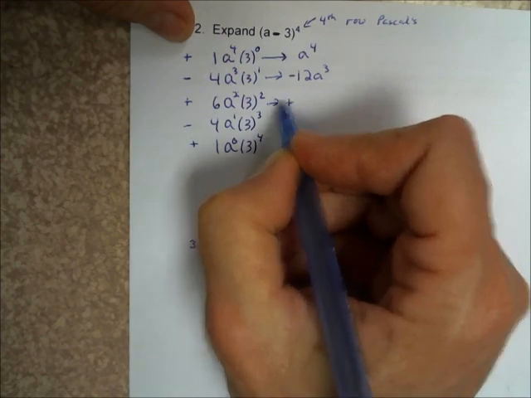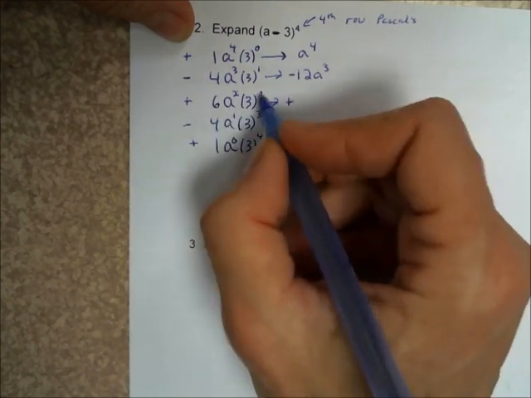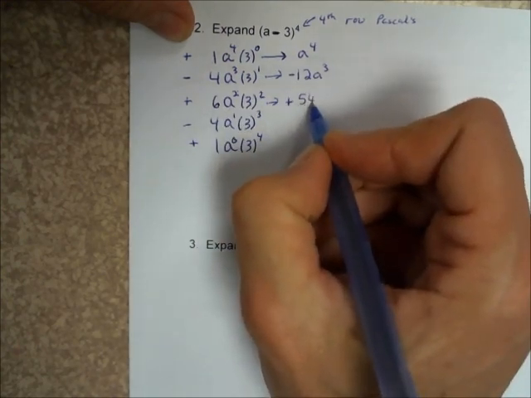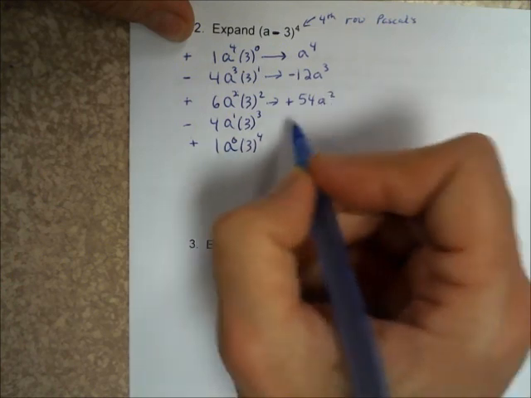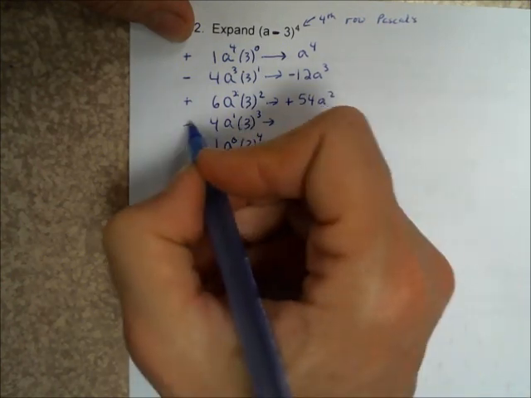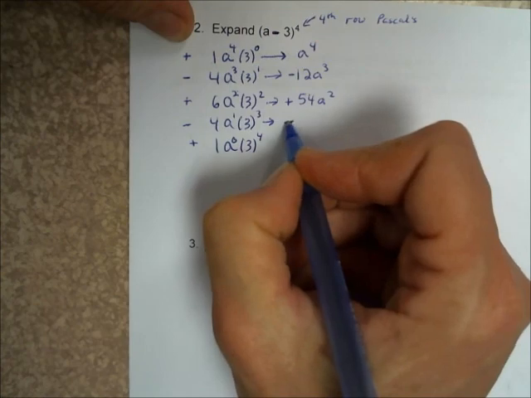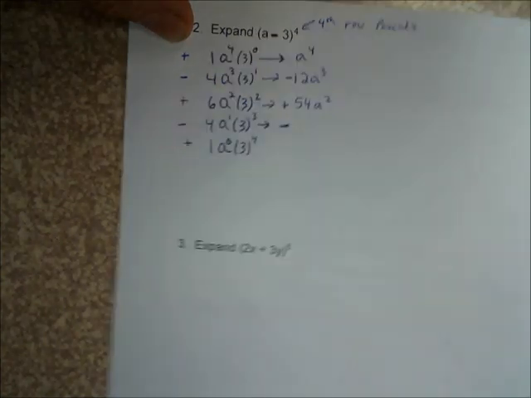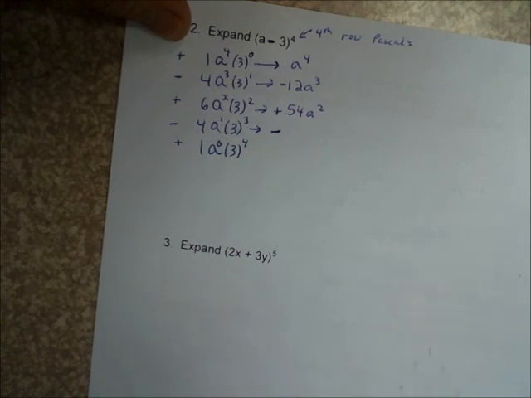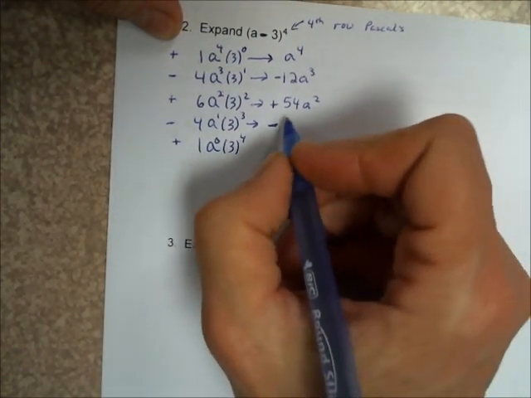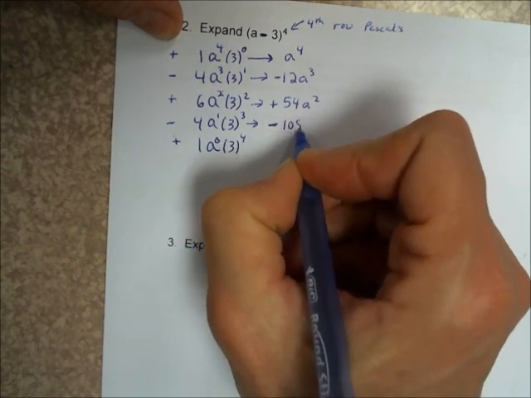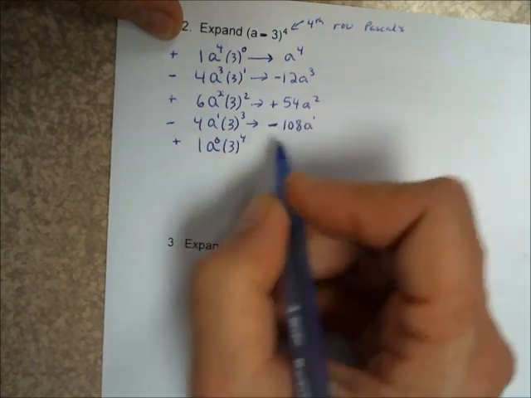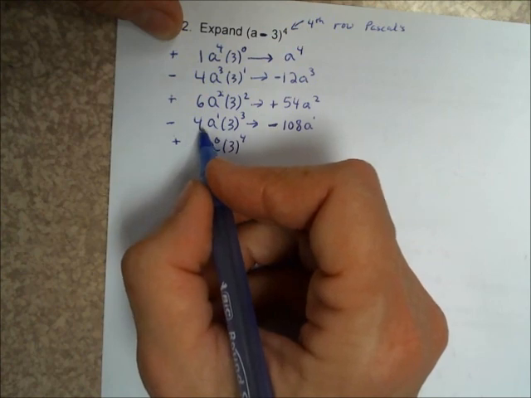I'm going to put a plus sign because this is positive: 54a squared. The next term is going to be negative. So 4 times 3 cubed is 27, and 27 times 4 is equal to 108. So we have 108 times a to the first, and it's negative.